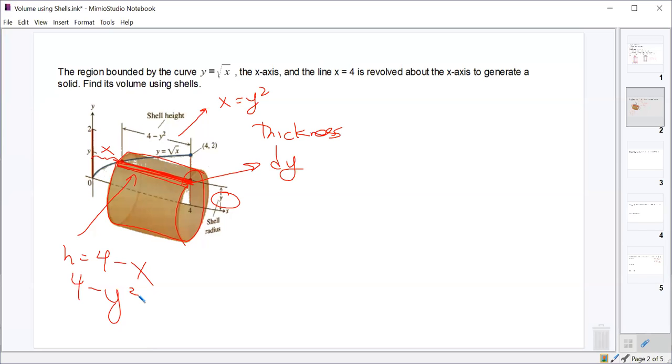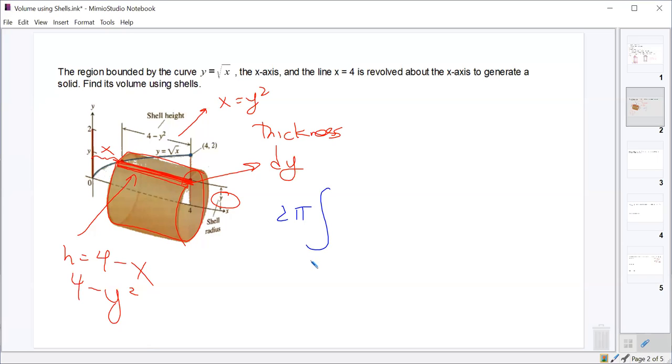Okay. Great. So now we write our integral. What variable are we using? Y. So if I'm using y, I need to go from the bottom to the top, so 0 exactly to 2.